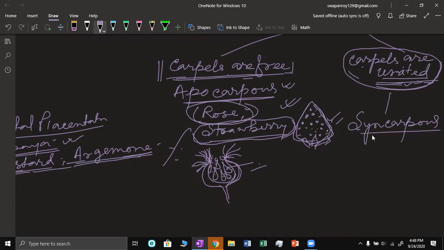The syn means united. So syncarpous, carpels are united. This is found in China rose and lady's finger.